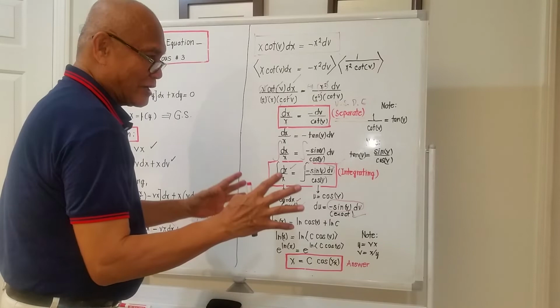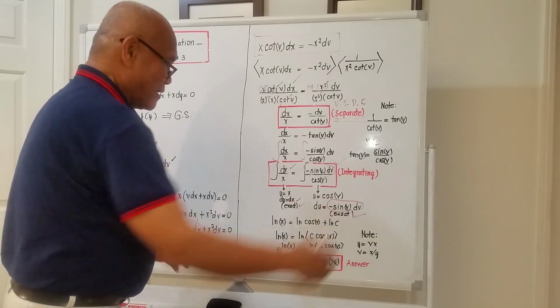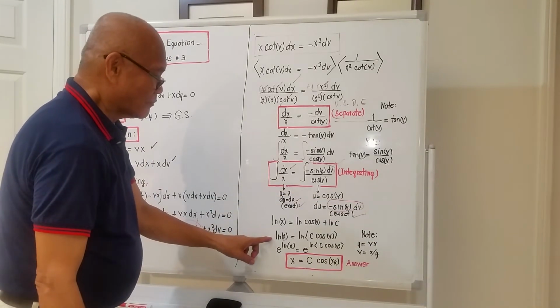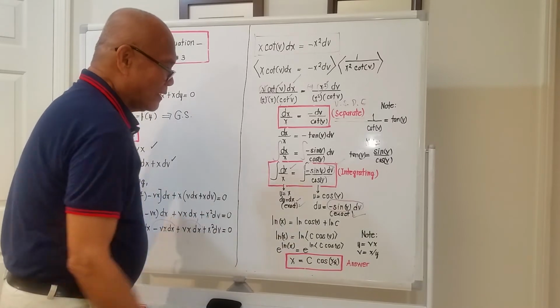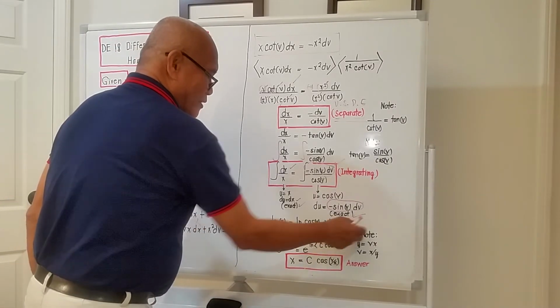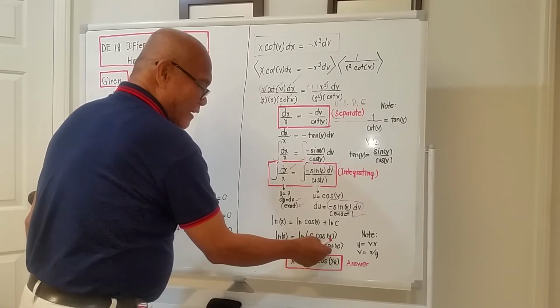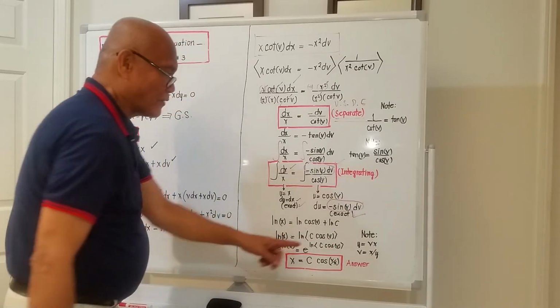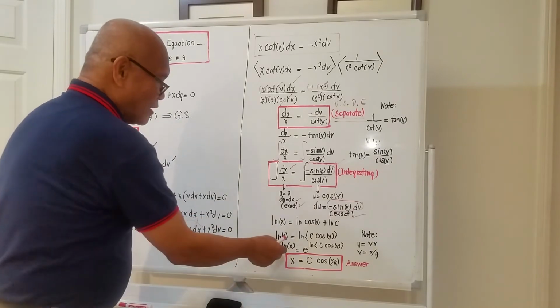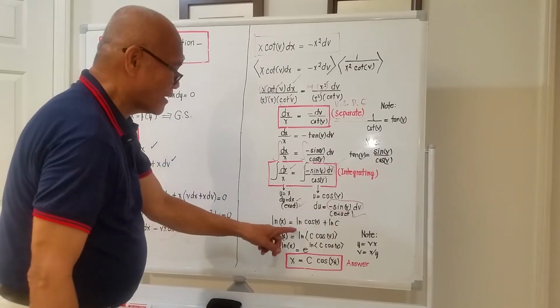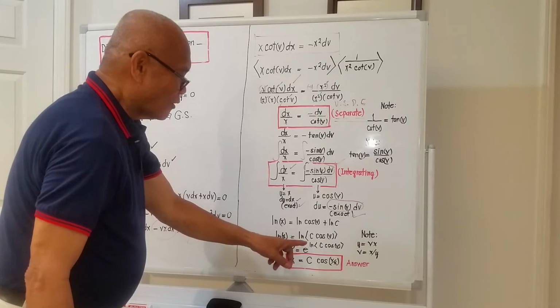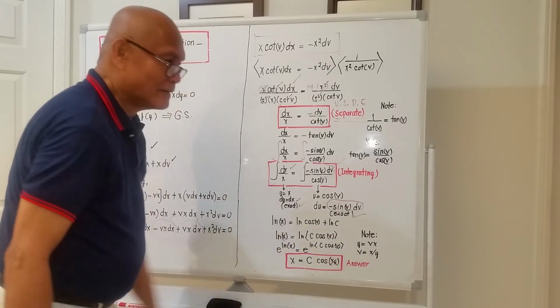Okay? Because I was thinking of compressing the right hand side. Therefore, the natural logarithm of x equal to the natural logarithm, which is actually 1 under natural logarithm sign, and it is expressed as a product. So natural logarithm of x equal to the natural logarithm of c cosine of b.